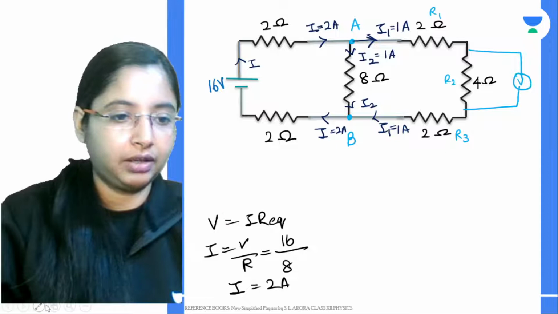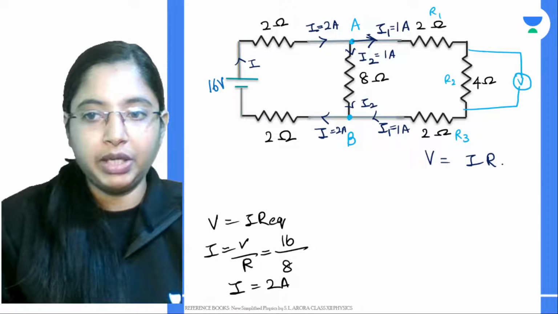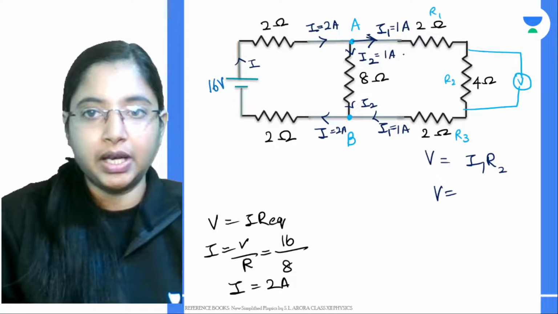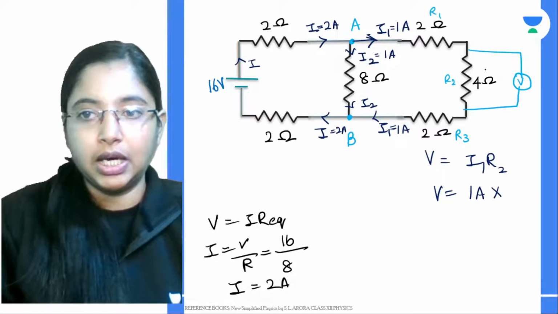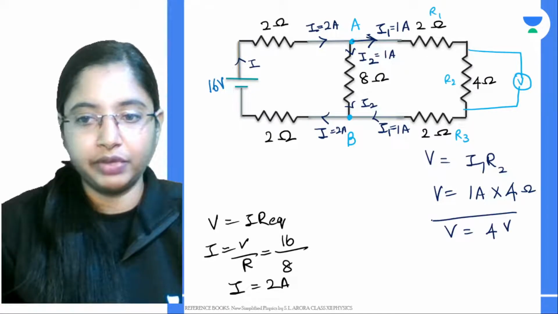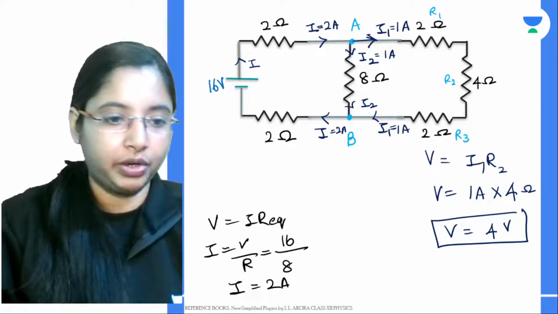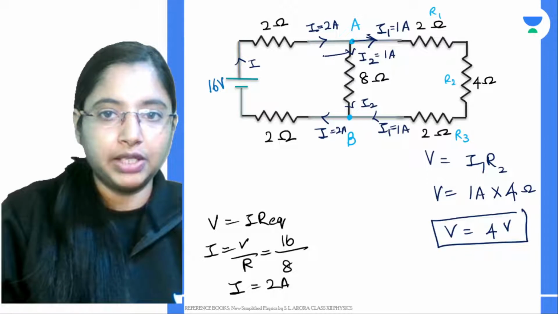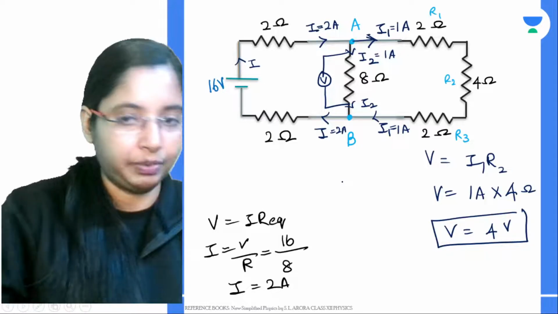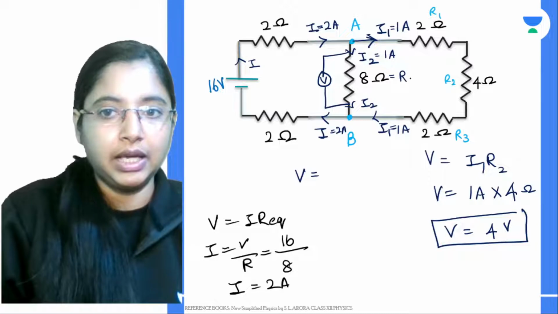Now if you want to find the voltmeter reading, we know V is equal to I into R. In this case we are looking at the resistor R2. The current through it is I1, which is 1 amp, into the resistor value over here, which is 4 ohms. So the voltage we will see across this point is 4 volts. Similarly, if you connect the voltmeter across this other resistor, let's say this resistor is R4.